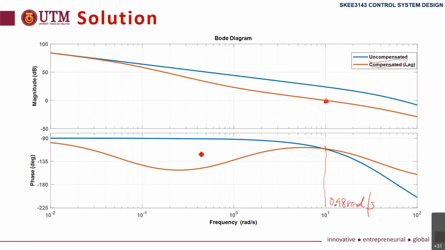And here we assume the scale is not that accurate. So I think this is 110, and the phase margin here is 70 degrees. We design and we obtain this. And we also make sure the red one here has the same magnitude at the lower frequency, so that it also has the same Kv.